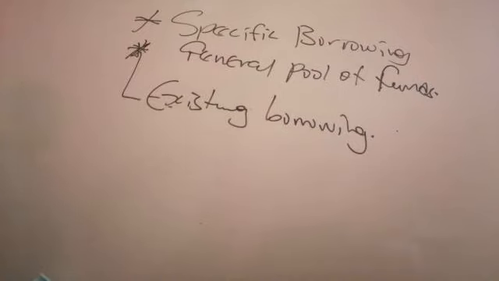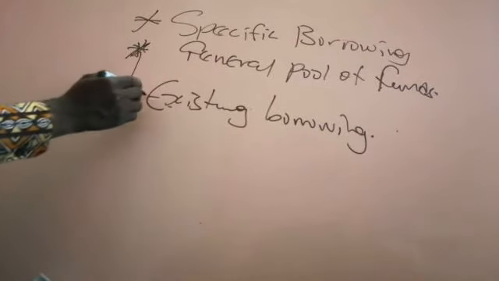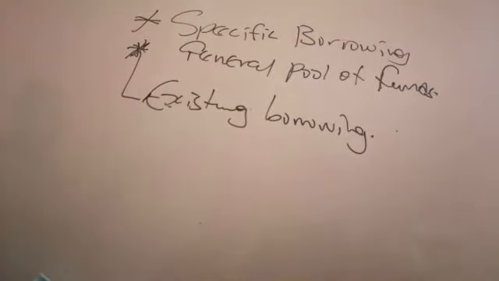Good. Here, maybe you borrowed some funds 3 years ago or in previous periods. Some of the funds are still available, idle, and you need funds to construct a new qualifying asset. So you just use the existing funds that are available. So that's the general pool of funds.